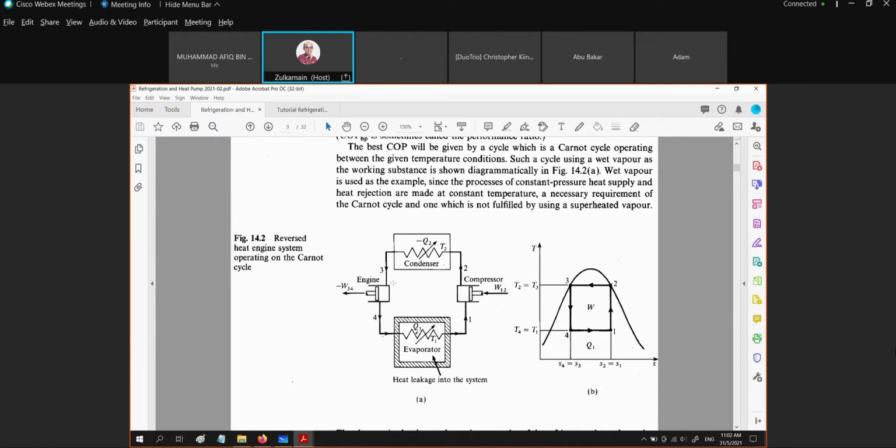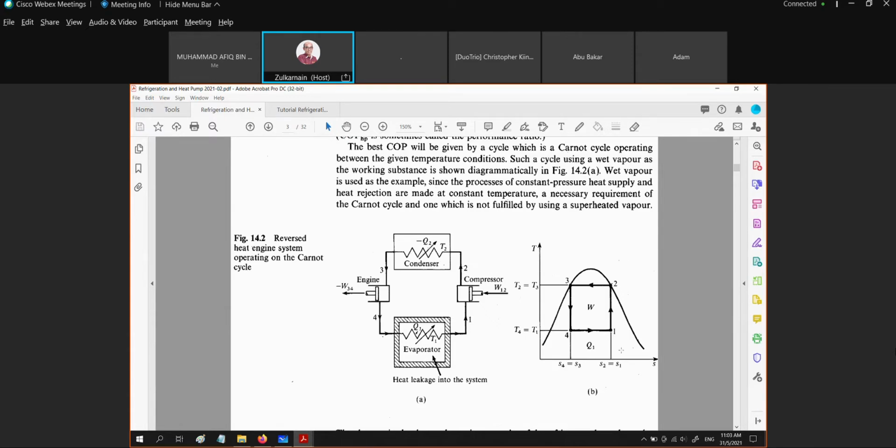Or if the heating effect is important to us, then the whole reverse Carnot cycle is known as the reversible heat pump. So one cycle can function as two devices. One is the refrigerator, and the other one is the heat pump.